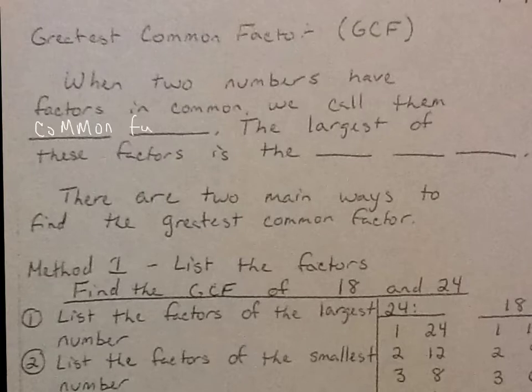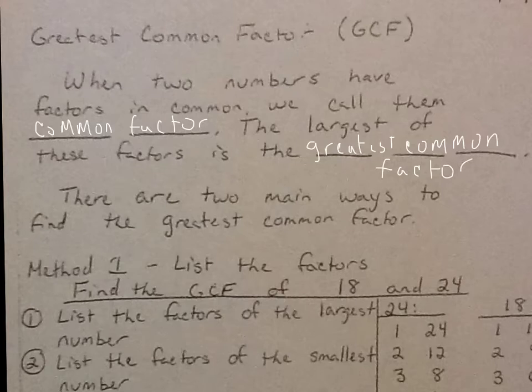And the largest of the common factors is called the greatest common factor. I don't think I'm going to make it on these lines, so you just squeeze yours in.